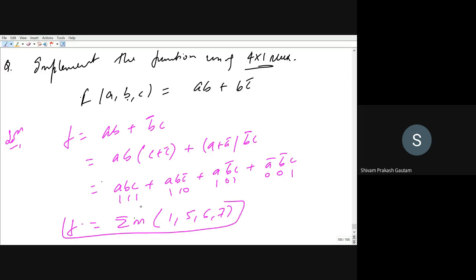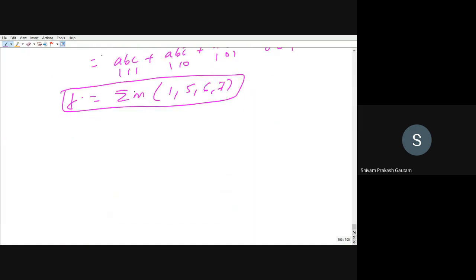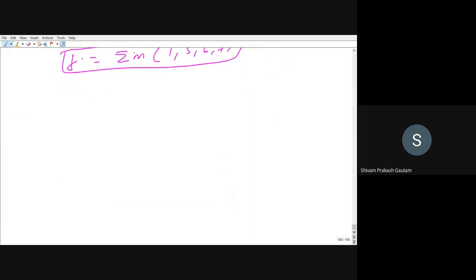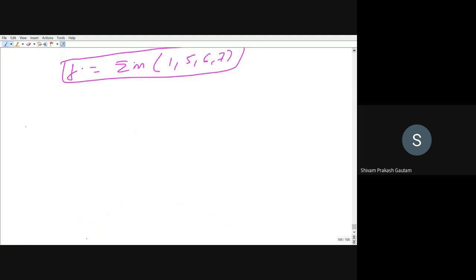Now we have the min terms. We can implement it using a 4x1 multiplexer. So the variables are a, b, and c, and the function is here. The select lines you can declare as S1 and S0, the same as in the previous example.